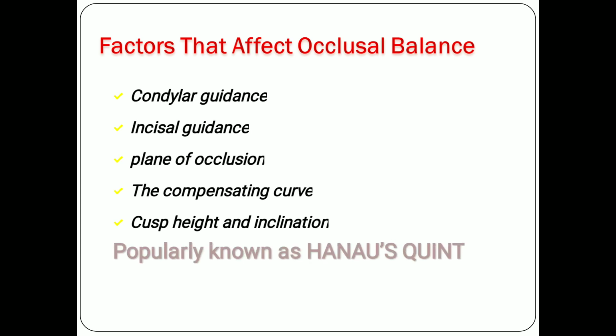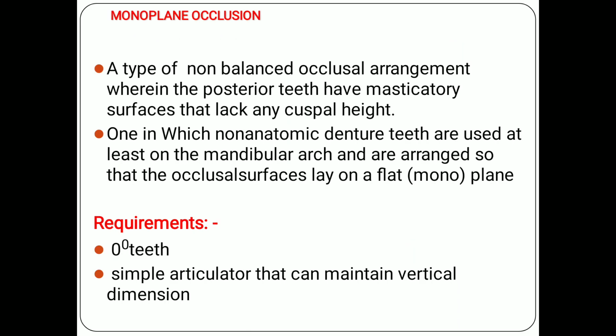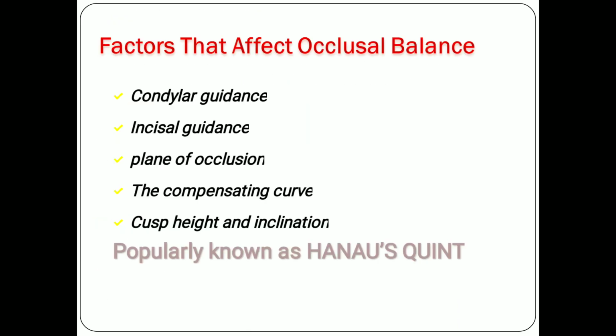Factors that affect the occlusal balance. Just remember, these factors we usually call the Hanau quint. They are condylar guidance, incisal guidance, occlusal plane, compensating curve, cusp height and inclination. You can learn these factors elaborately when you come to your clinicals.